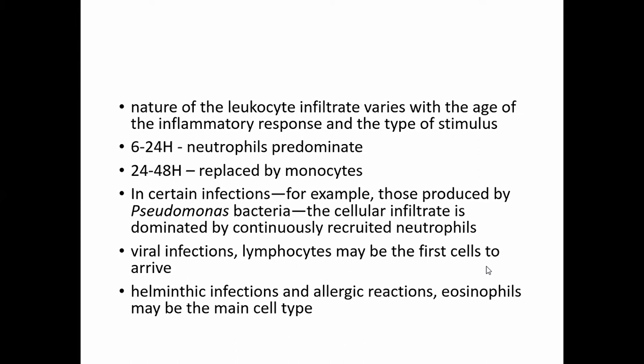In certain infections, for example Pseudomonas bacteria, the cellular infiltrate is dominated by continuously recruited neutrophils for several days. In viral infection, the lymphocytes predominate; they are the first cells to arrive. And in helminthic infection and allergic reactions, the eosinophils are the main cell types.